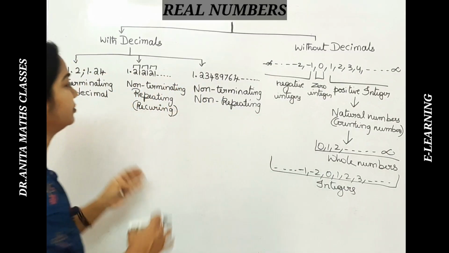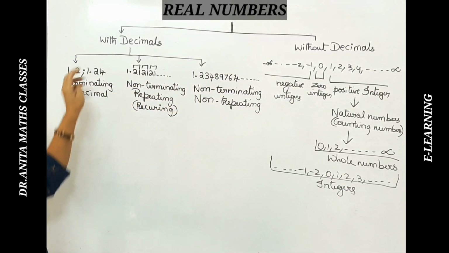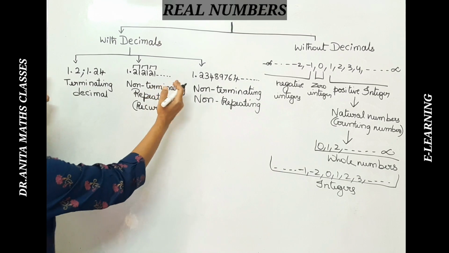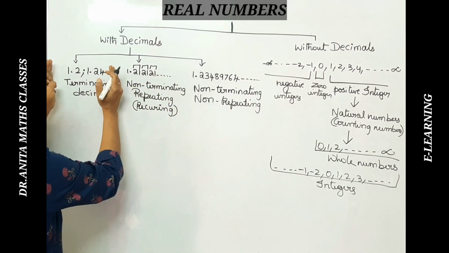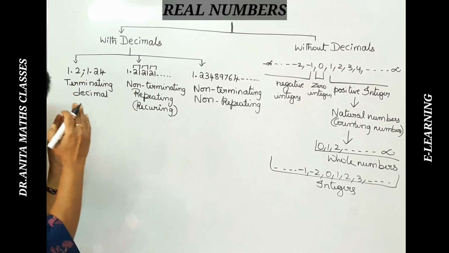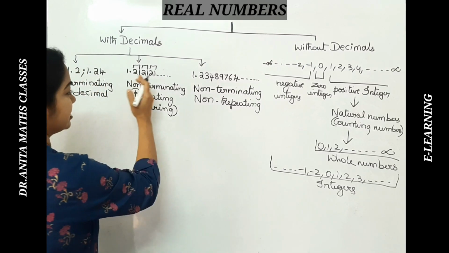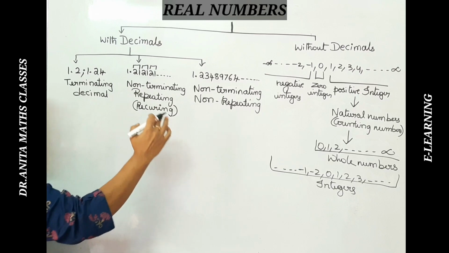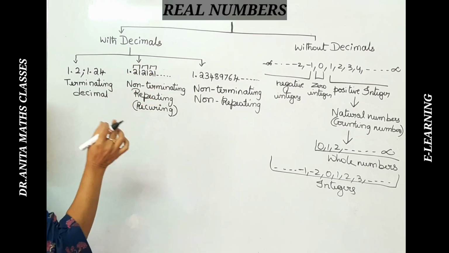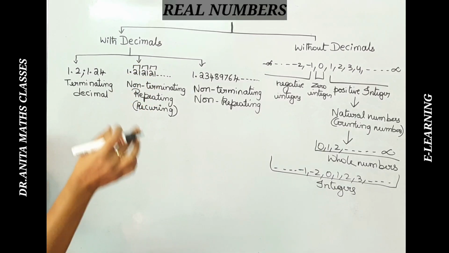Now moving on to the part with decimals. Here there are these two parts. This is the terminating decimal, where the decimal expansion stops at some point, and this one is non-terminating, it is not stopping, but some set of digits is being repeated.